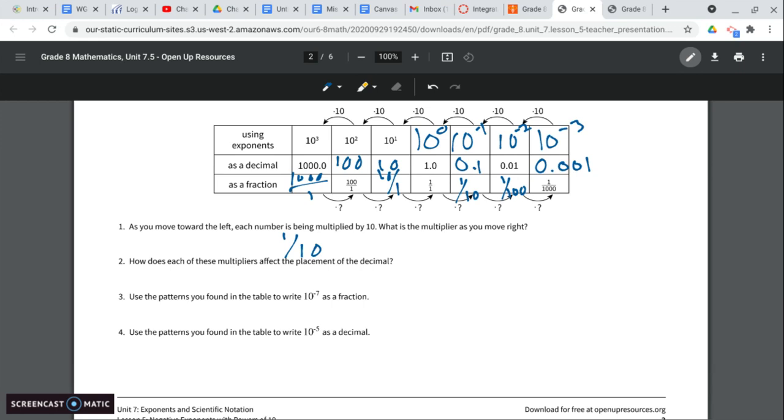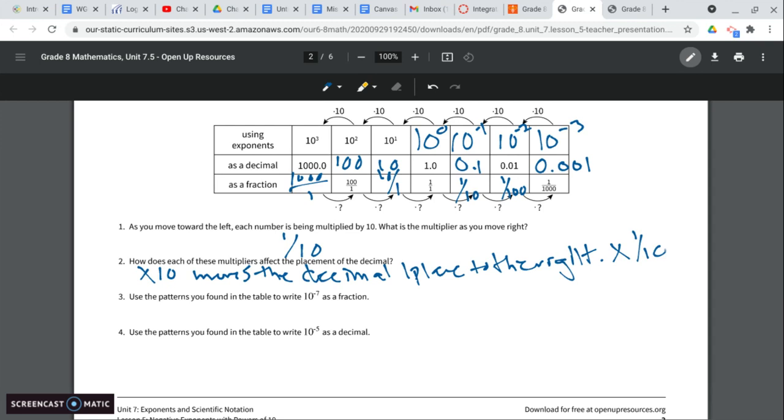How does each of these multipliers affect the placement of the decimal? Times 10 moves the decimal one place to the right.